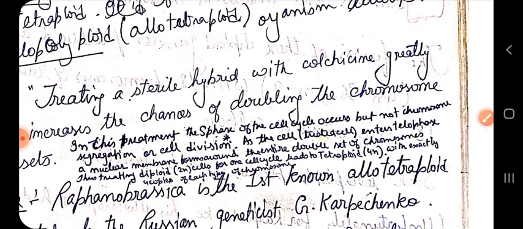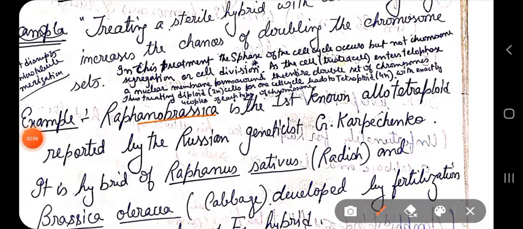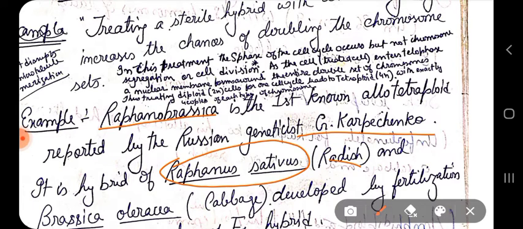So this type of sterile hybrid can be created, for instance the Raphanobrassica. It is the first known allotetraploid, which was prepared by the Russian geneticist G. Karpechenko. Now this Raphanobrassica is a hybrid of Raphanus sativus, which is the radish that we know, and Brassica oleracea, which is the common cabbage. The two are different species, two different genera.